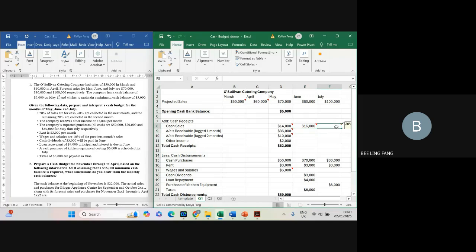Okay, let me just complete this one. 0.2 times the current sales. Okay, this one is for the current. So lag 1 month is 60% times the previous one. Then this one is lag 2 months.